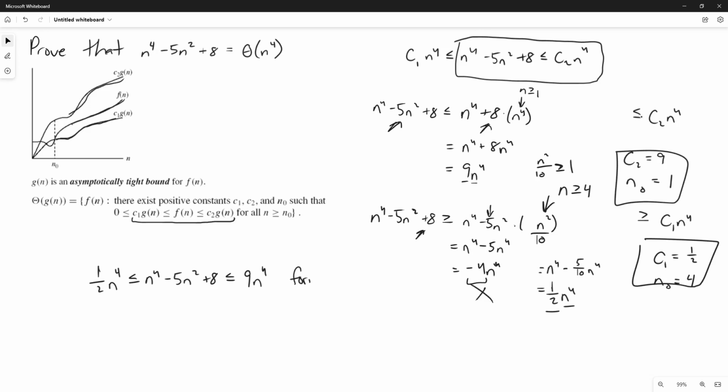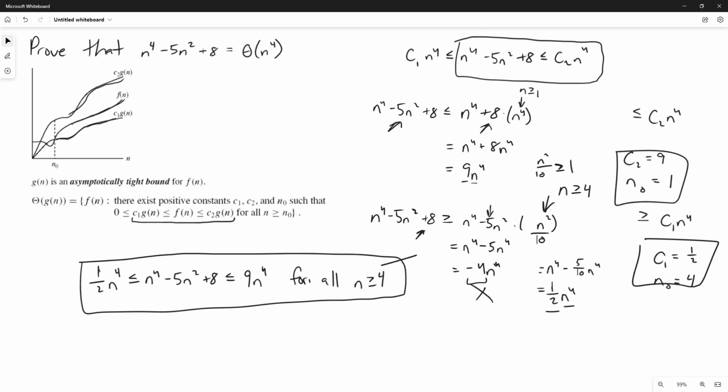And this is for all n greater than or equal to n naught, and we're going to pick the higher one, which is 4. And that is the answer, and that's the proof.